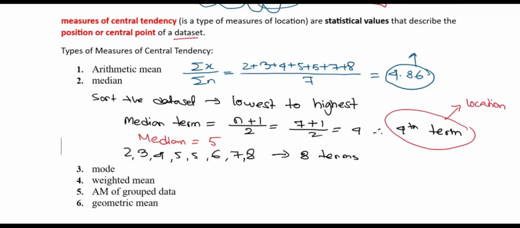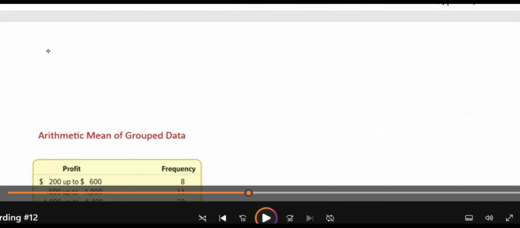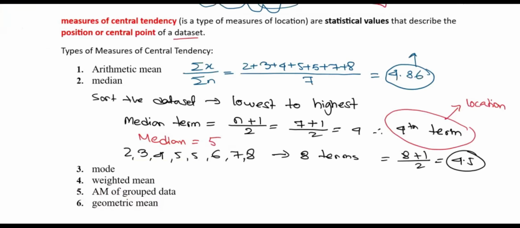So according to this formula, it would be 8 plus 1 by 2, which is 4.5. Very easy. We are simply going to take the average of the fourth and the fifth term. So the median would be the fourth term plus the fifth term divided by 2, because there are two terms and I want the average.